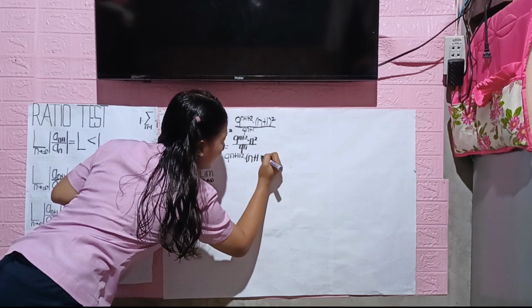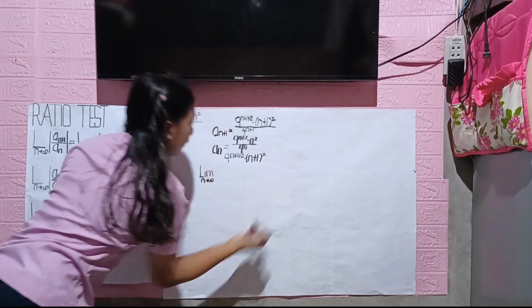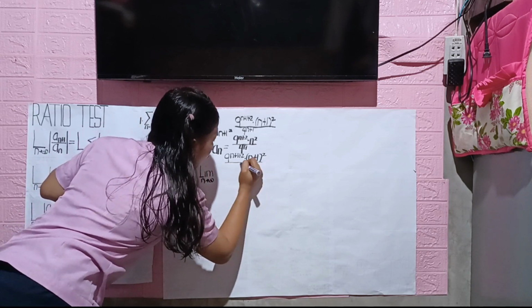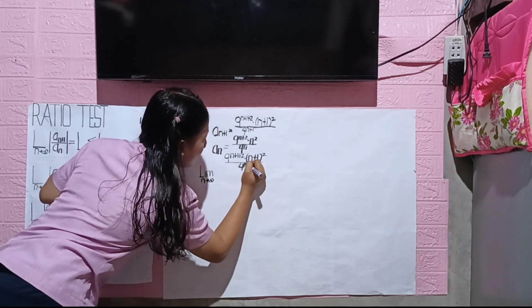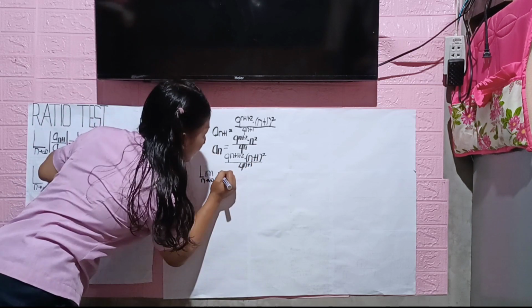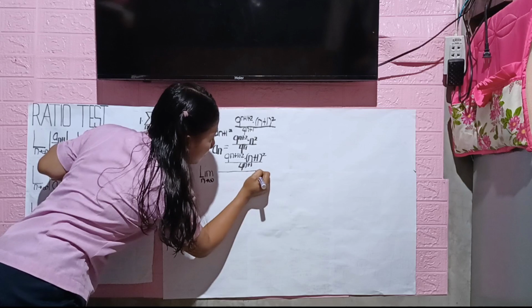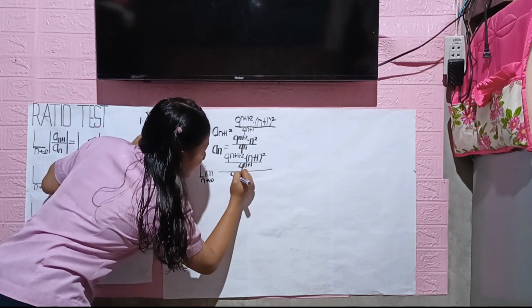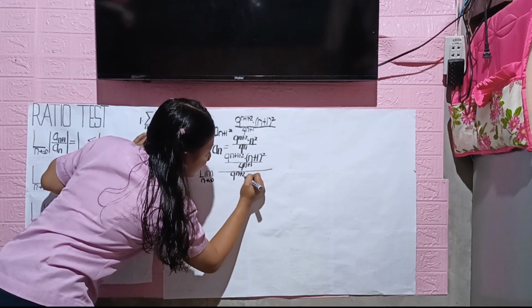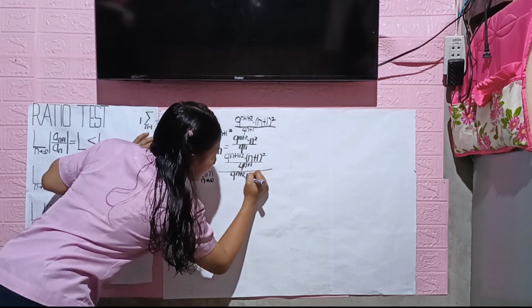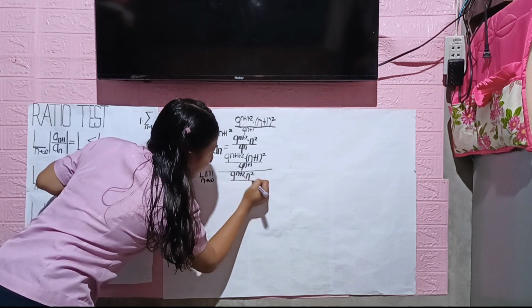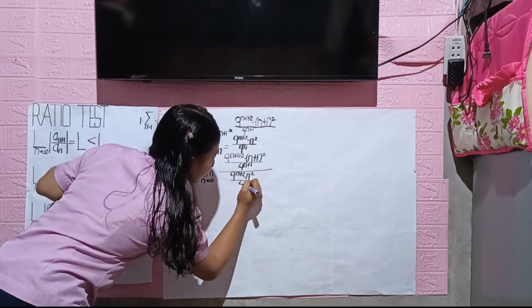plus 1, squared over 4 to the n plus 1. And our a sub n, so divided by 9 to the n plus 2 times n squared over 4 to the n.